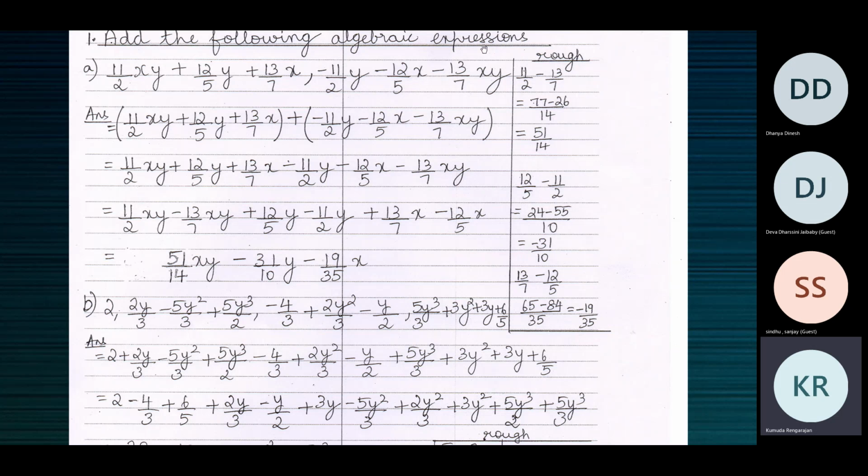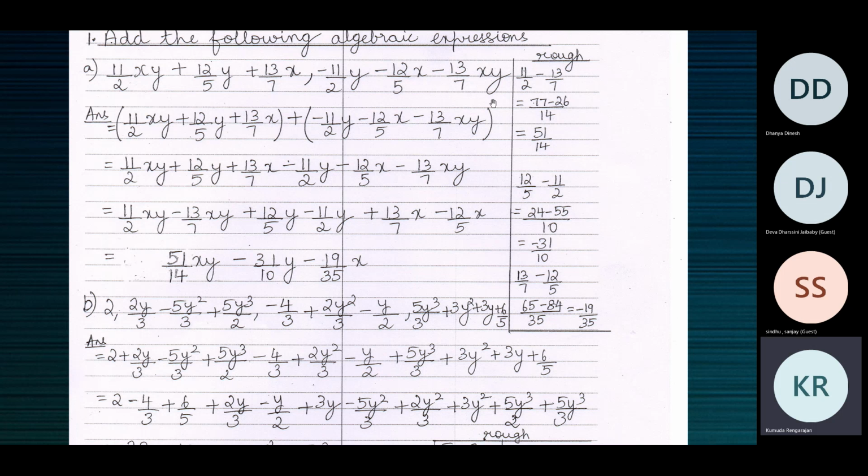Now, if you take this expression minus 13 by 7xy, the different factors of this expression are minus 13 by 7, x and y. I'm just taking only this term alone.